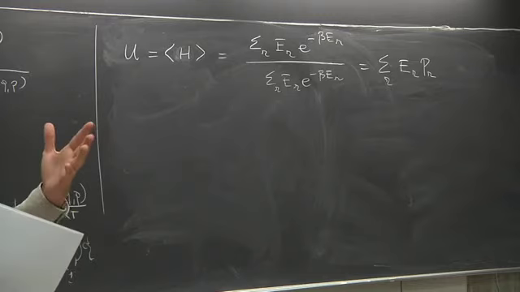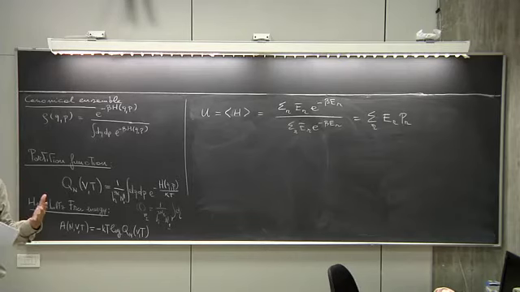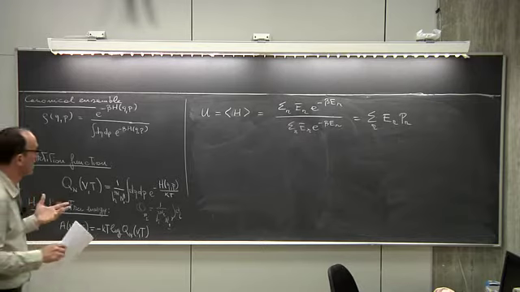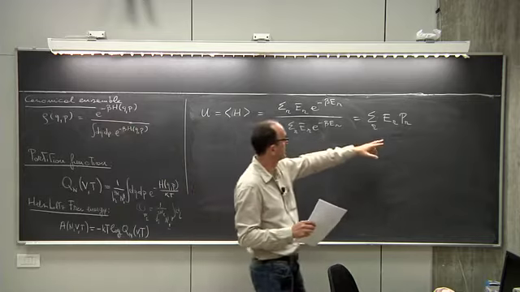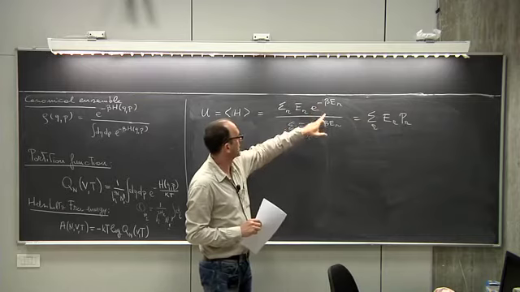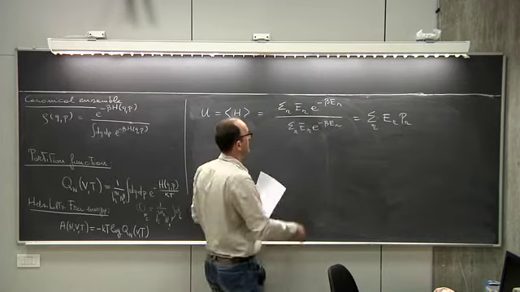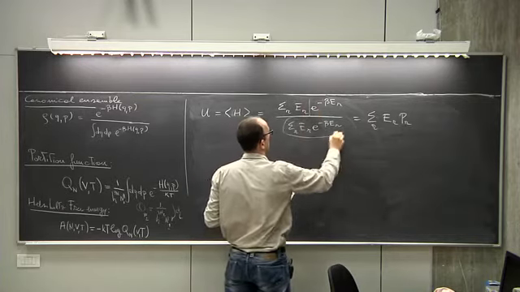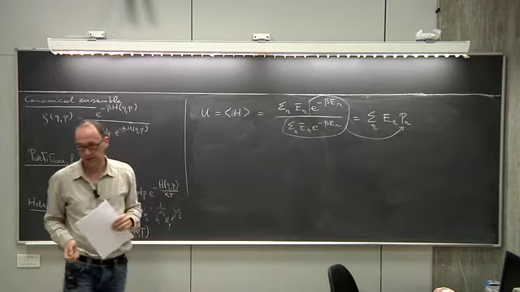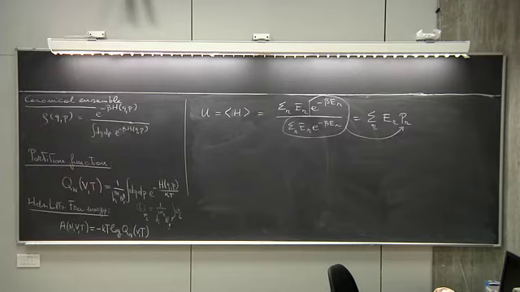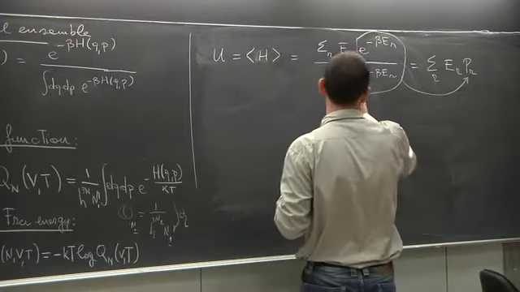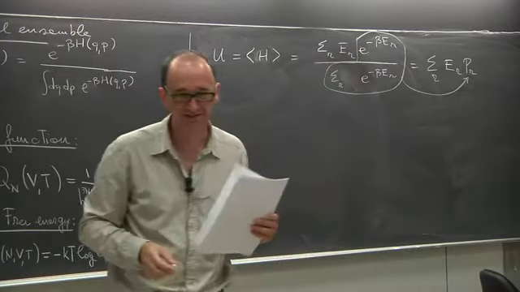We have said this is a description which will apply to a system in thermal equilibrium. And then we have seen that the form of this PR is given by this form here. And that beta is 1 over kT. We don't have ER in the denominator, right? Otherwise, this is 1.